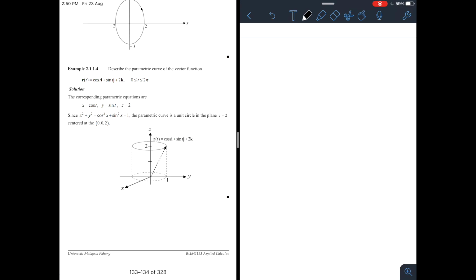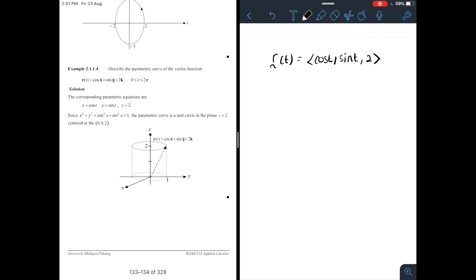For example 2.1.1.4, this vector function will give you a curve in three-dimensional coordinate system. As you can see, based on the illustration given in your module, you will end up with a circle that is elevated 2 units along the z-axis, since you have this vector function r(t) is equal to cosine t, sine t and 2.